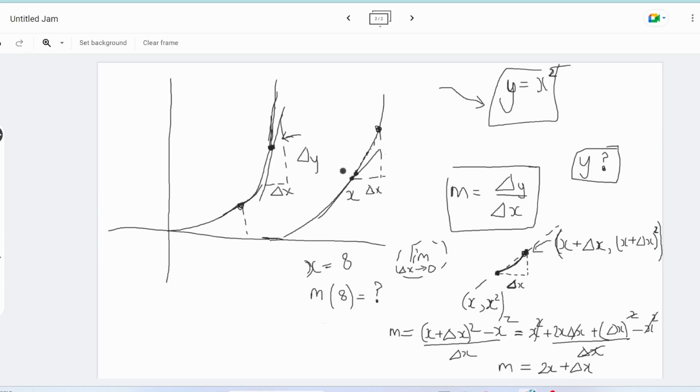That's the gradient of this small segment. And then when I say, hey, I'm taking the limit as delta x gets close to 0, it becomes infinitesimally small. Well, this delta x part becomes negligible and my gradient is officially 2x. Well, great. So I have what we can call a gradient function.